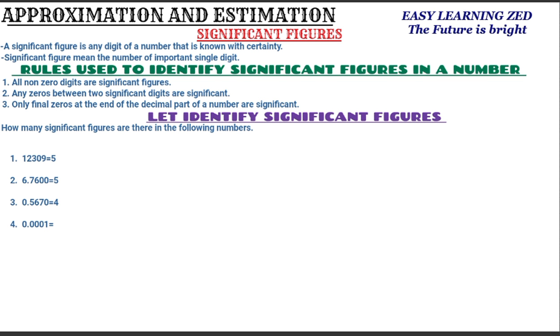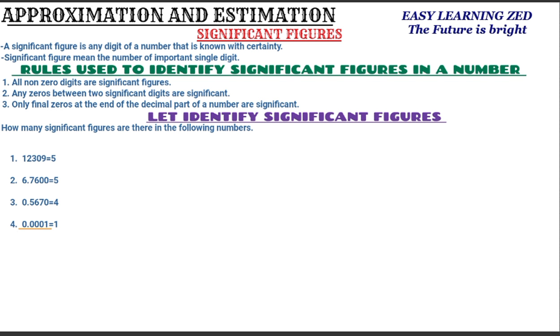Then we can also combine it with the third rule, which is only final zeros at the end of the decimal part of a number are significant. So the rules we are going to use are number 3 and 1. With those rules, it has only one significant number.